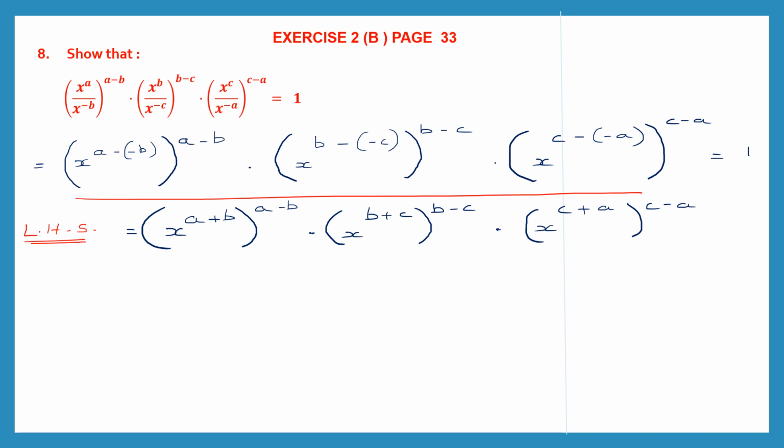So this is the left hand side and this is the right hand side. We're going to leave the right hand side as it is, there's nothing to do there. It's equal to 1. So we're only working on the left hand side.